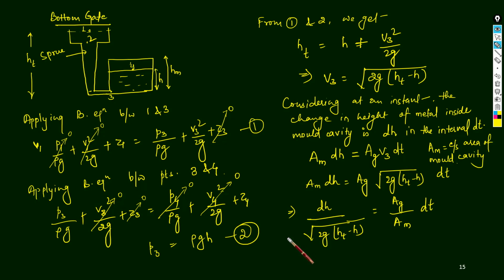So at time t is equal to 0, h is 0, and at time t is equal to t bottom, that is the complete pouring time, h will reach hm. So these are the boundary conditions, so we will integrate it between 0 to tb.